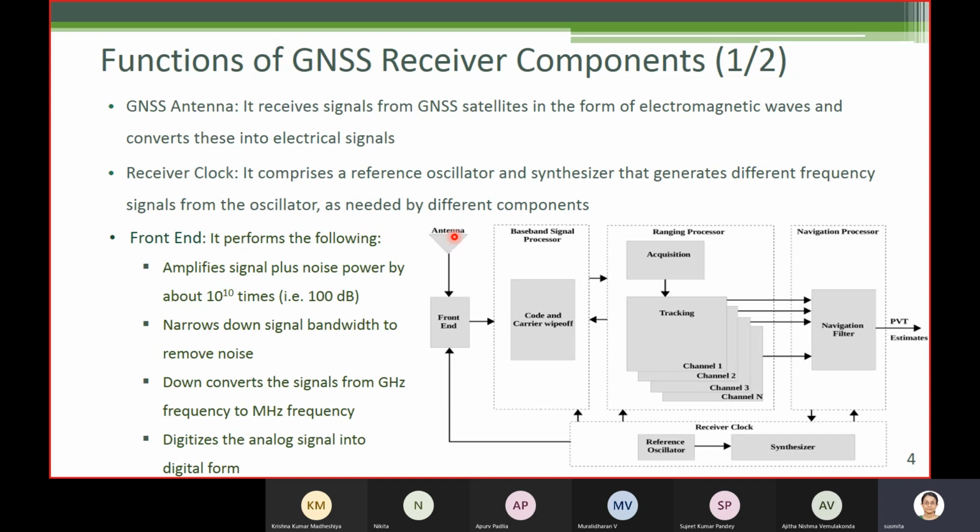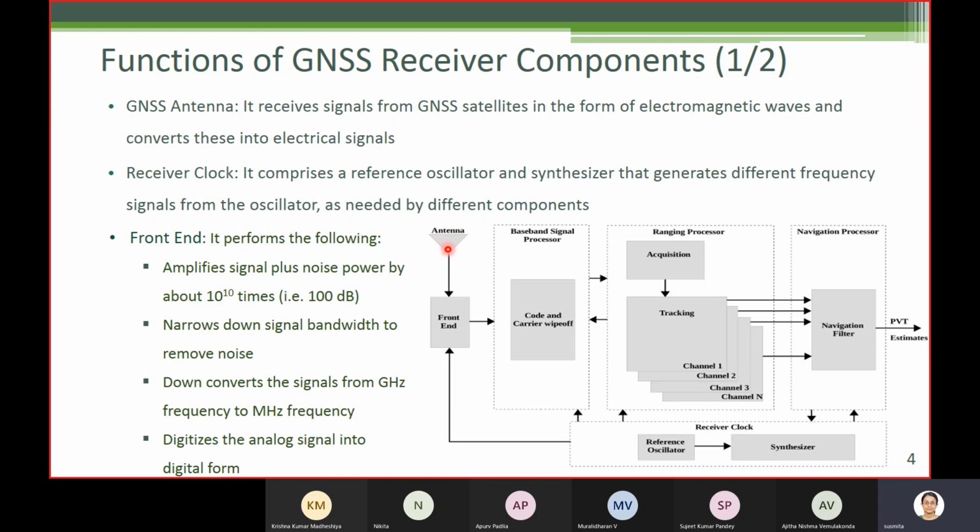So both signal and noise, and we clearly distinguish them. They are not the same. Signal carries useful information, whereas noise is unwanted, automatically generated during the propagation and during reception. So both signal and noise are received by the antenna, and signal power is so weak that at this point the signal is actually below the noise.